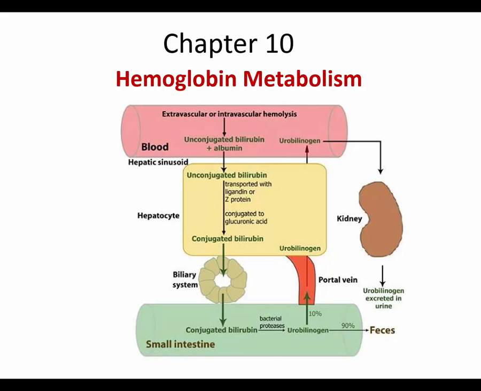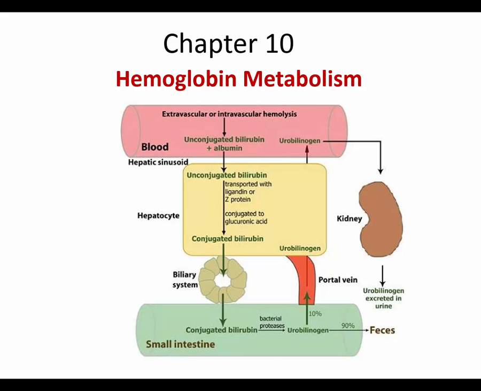At that point, this bilirubin is going to be unconjugated. For the purpose of this class, what that means, unconjugated, is that it's not dissolvable in water, it's not soluble in water.